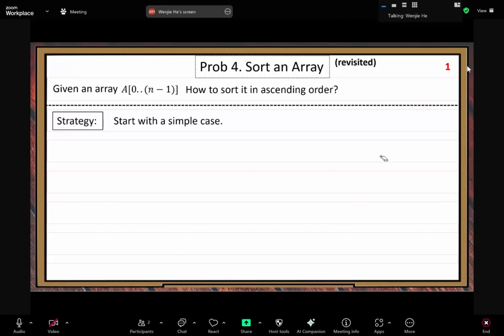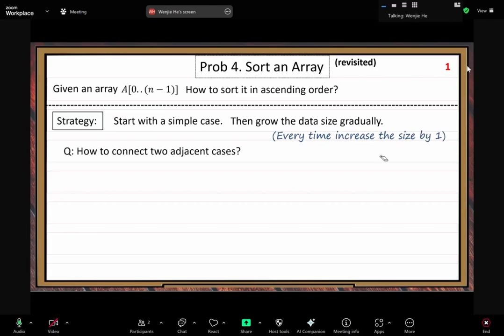And then after that, we grow the data size, or we call it the problem size, gradually. Every time we increase the problem size by 1, we just add one more element to the previously solved problem.